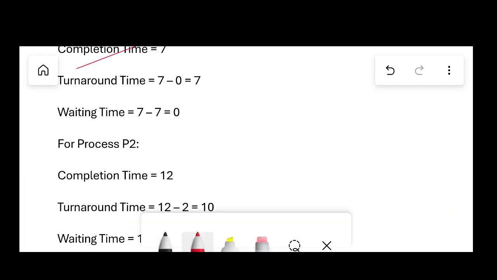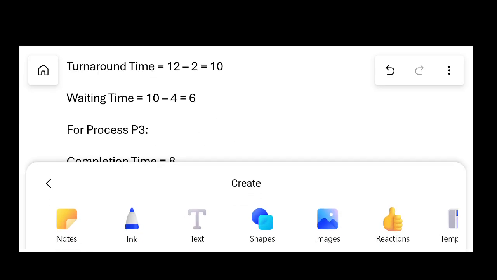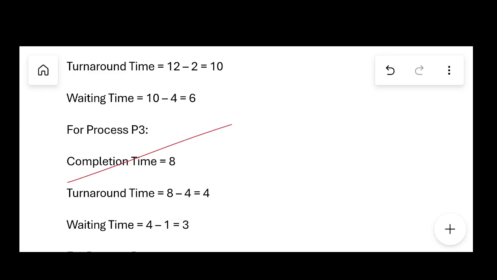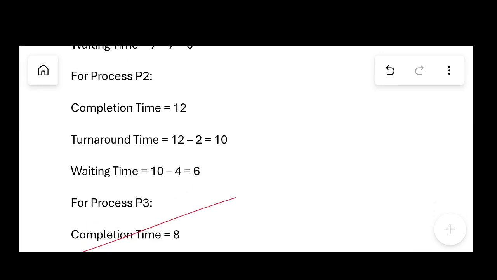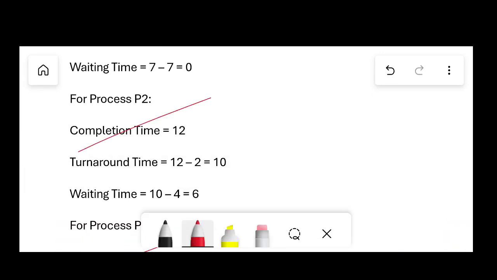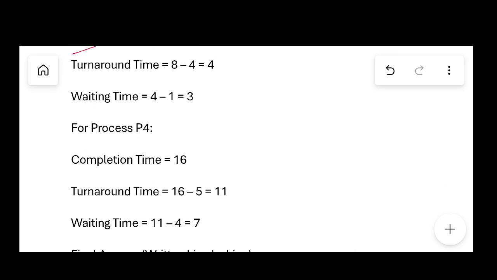For P3 it is 8. For P2 it is 12. For P4 it is 16.